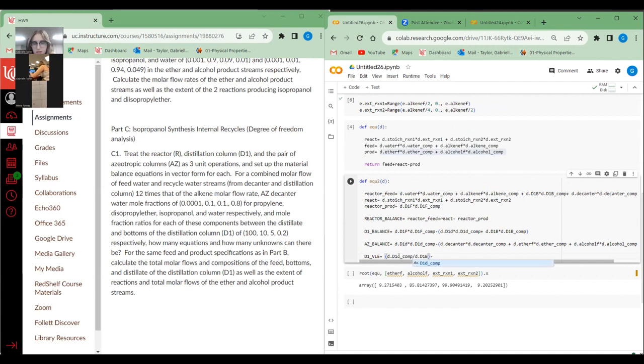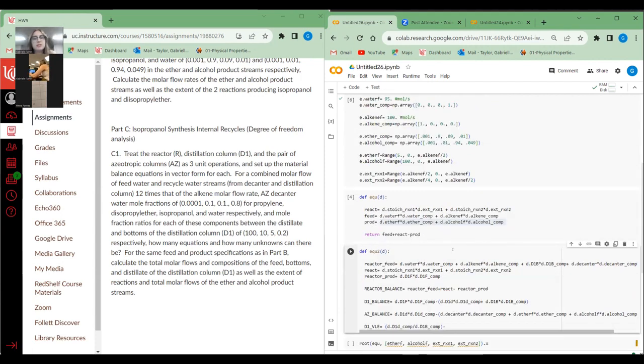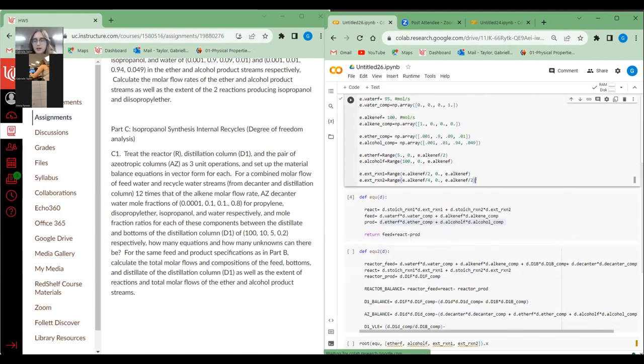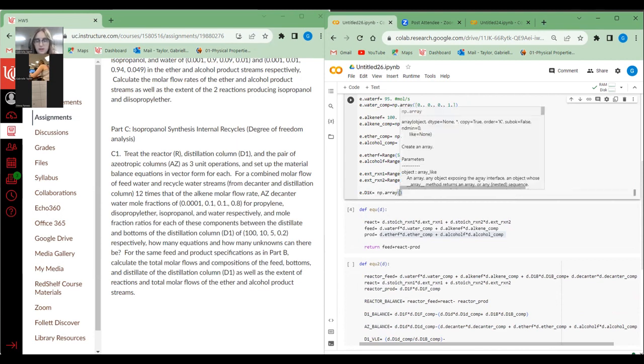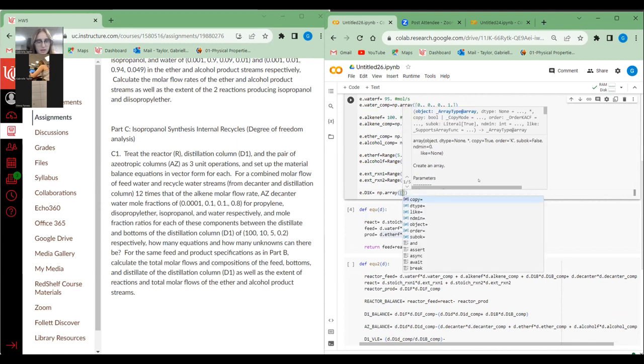Because this is going to be the mole fraction. The mole fractions are given to us as the composition. So let's go back up here and write down e to our Ki constant, right? And that is given to us as our mole fraction ratio. So it's going to be 100, 10, 5, and 0.2.